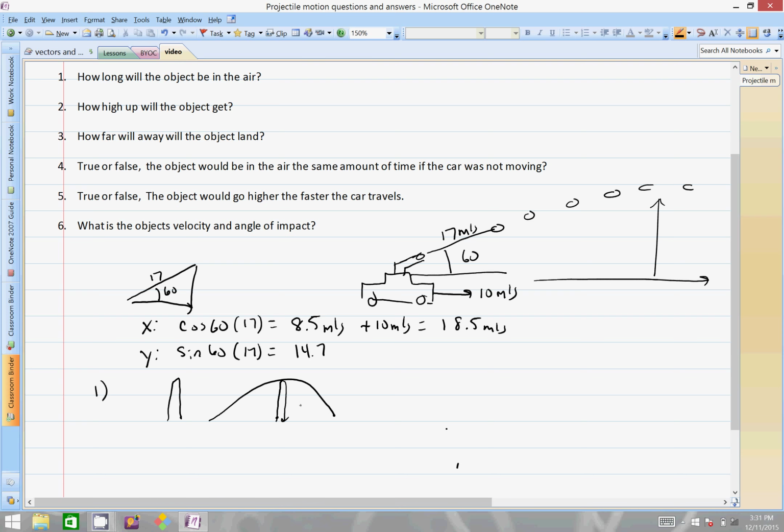All right, so in this situation, velocity final equals velocity initial plus at. Velocity final is 0. Velocity initial in the y is 14.7 plus a t, which is negative 9.8 times your time, and this is going to be the time to get to the top.